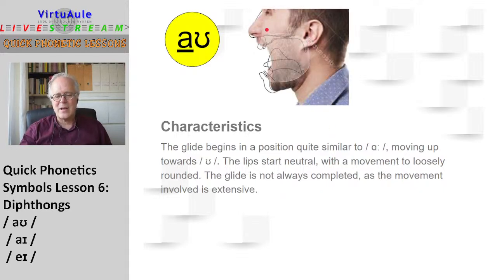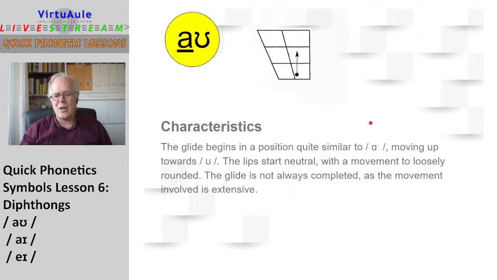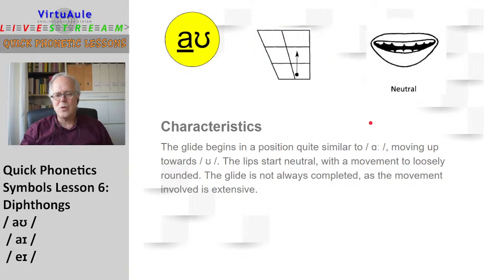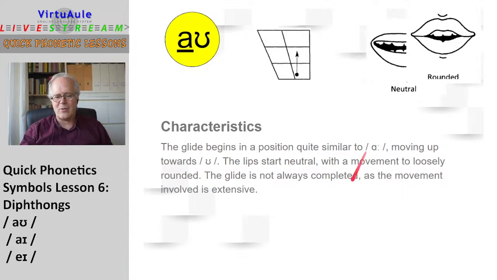So here's the mouth again, and you'll see that this sound goes from the middle position, down, all the way up to the middle. So it's ow. The lips do change a lot. They go from neutral to rounded.